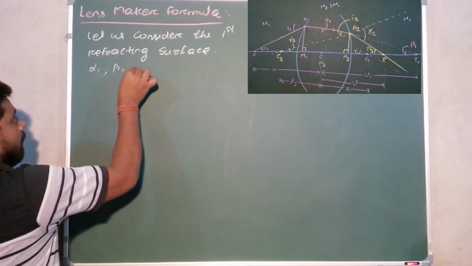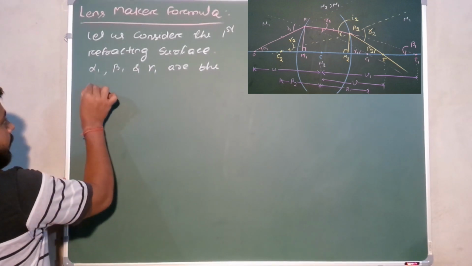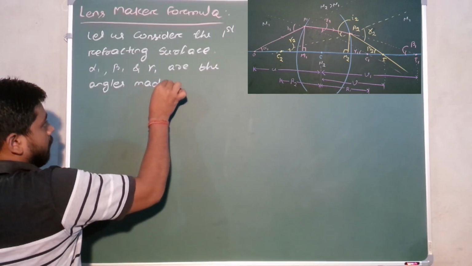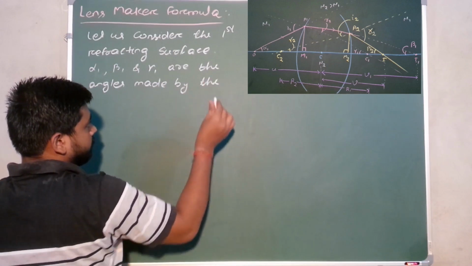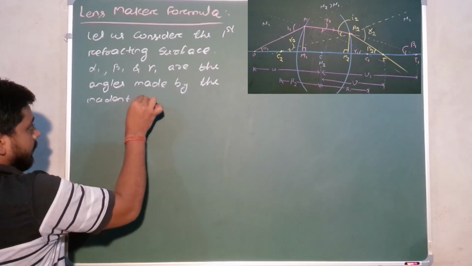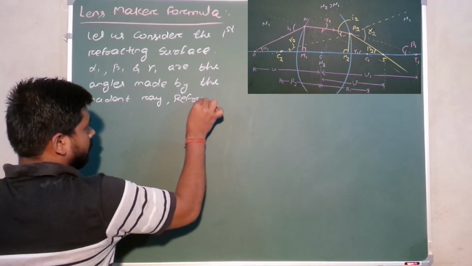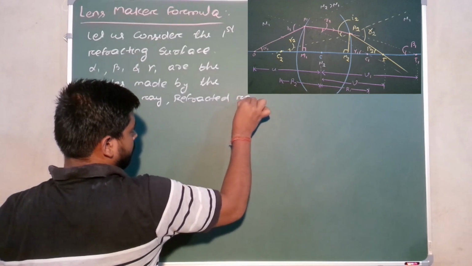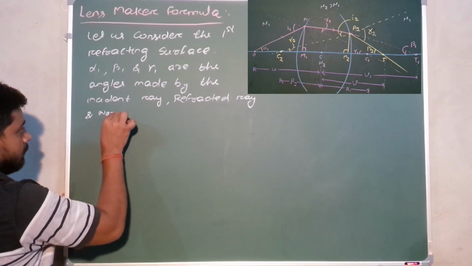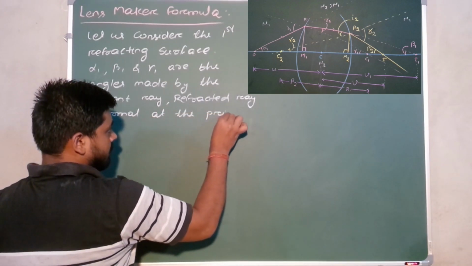Alpha 1, beta 1 and gamma 1 are the angles made by the incident ray, then beta 1 is the refracted ray and normal at the principal axis.